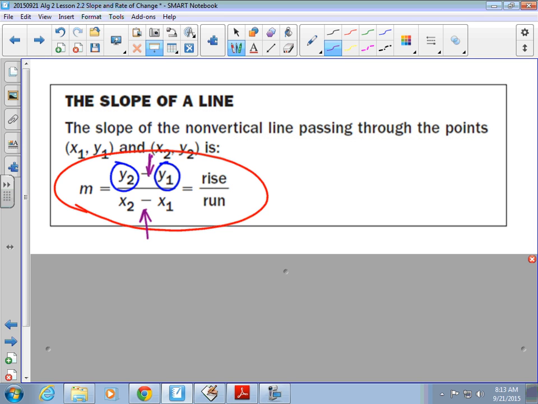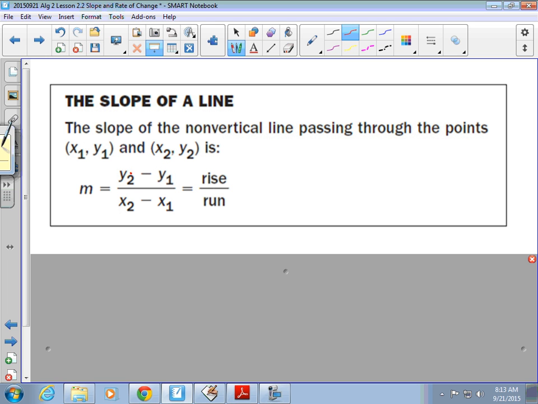The key to this, the important part of this, is you go the same direction both times. What I mean by that is, like this one says y sub 2 and x sub 2, they have to be stacked on top of each other like that. Y sub 1 and x sub 1 have to also be stacked on top of each other.